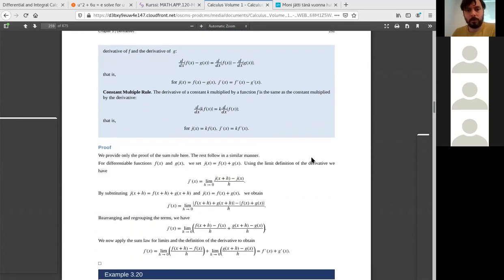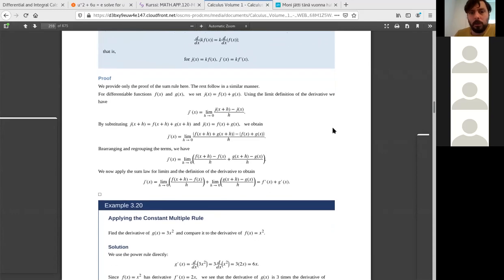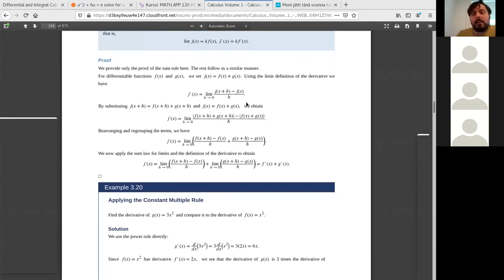And here's a proof, and we only need it for the sum rule. So let's very quickly go through the proof, how it goes. So we mark with j f plus g. So j at x plus h becomes f at x plus h plus g at x plus h. So this becomes the limit of two sums.